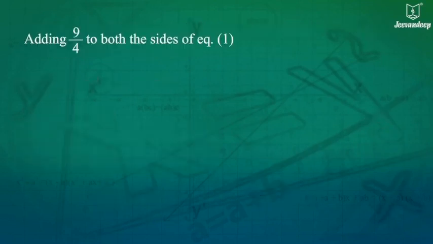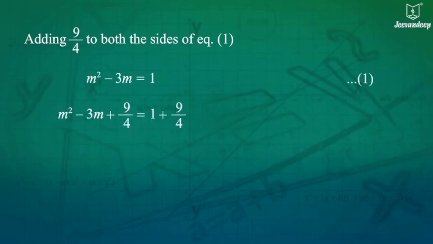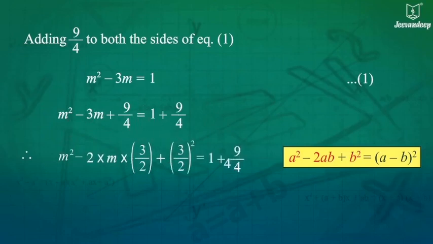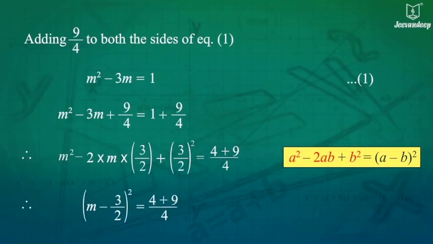Adding 9 by 4 to both the sides of equation 1, we get m square minus 3m plus 9 by 4 is equal to 1 plus 9 by 4. m minus 3 by 2 whole square is equal to 4 plus 9 by 4 is equal to 13 by 4.